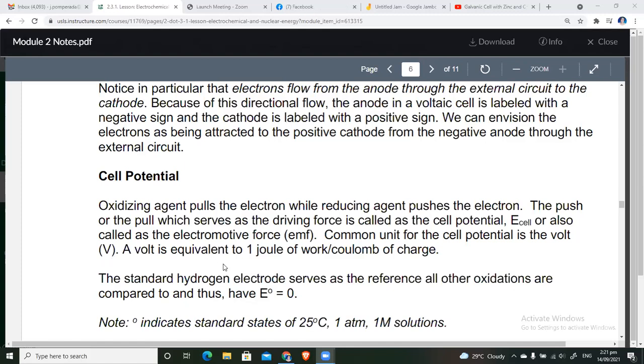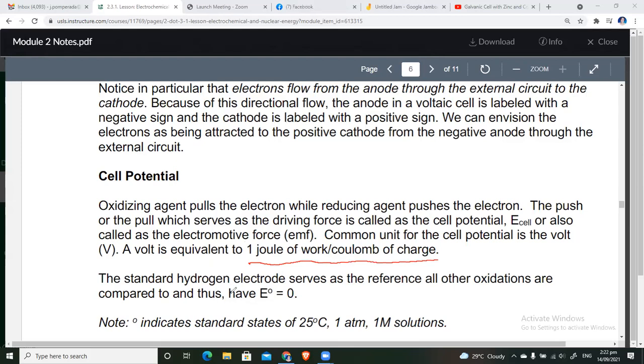A volt is equivalent to a joule of work measured per coulomb of charge. Take note of this anyway. You have encountered this in physics. A volt is a joule of work per coulomb of charge. Your work here has a unit of joule, and your charge has a unit of coulomb.